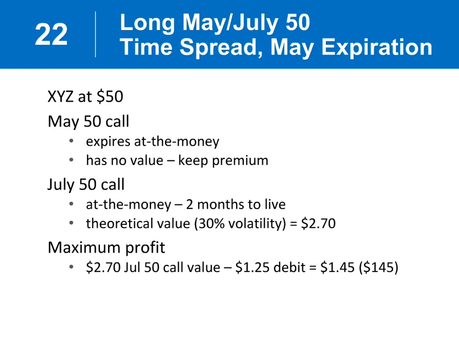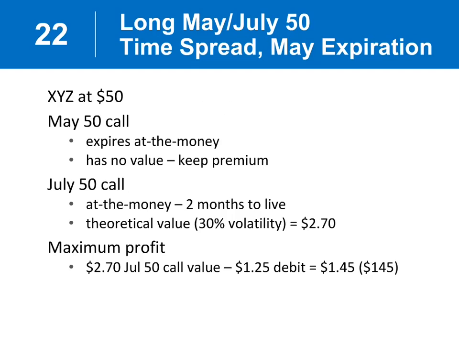Your all-important opinion on the underlying is very important, and these are the decisions you need to make in managing this position. Another consideration, going back to the three different types of spreads, you could turn around and sell a July 55 call and roll this into a vertical spread if you happen to be more bullish on the stock.